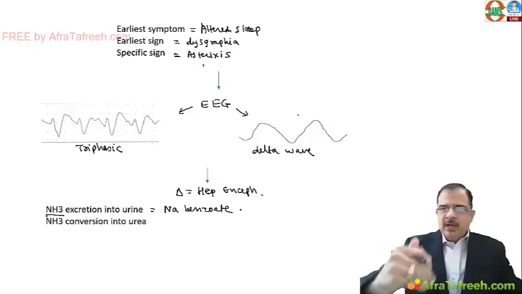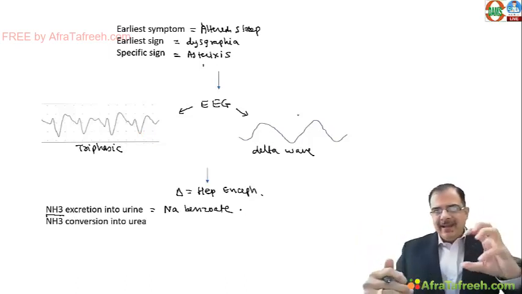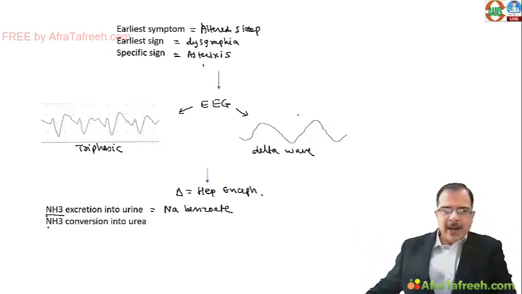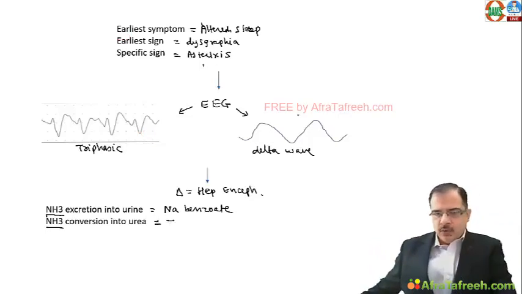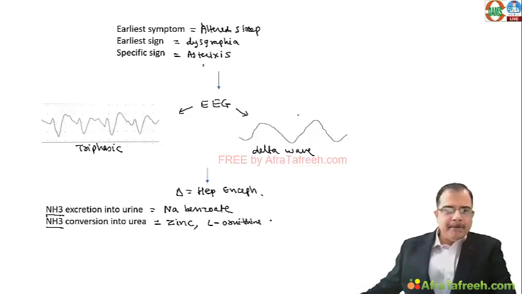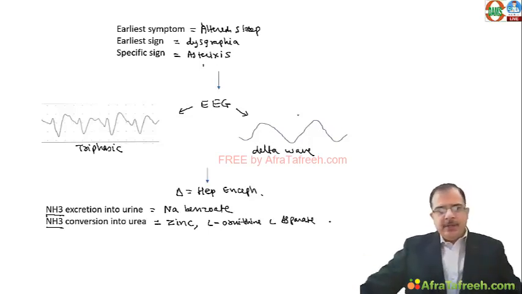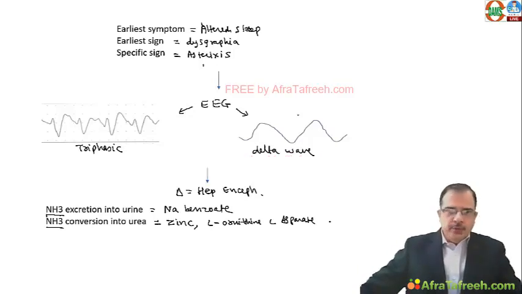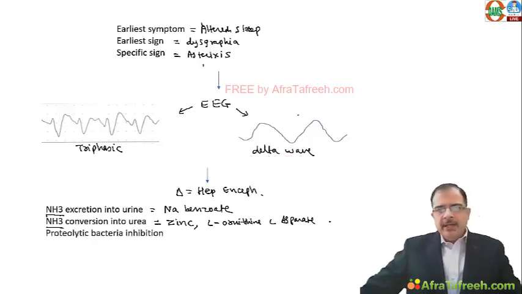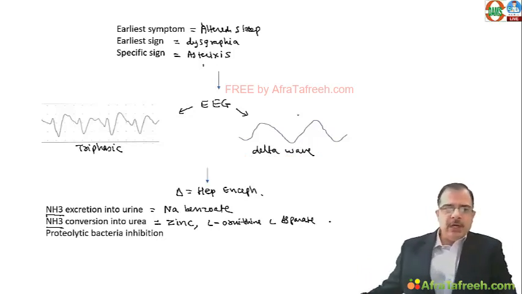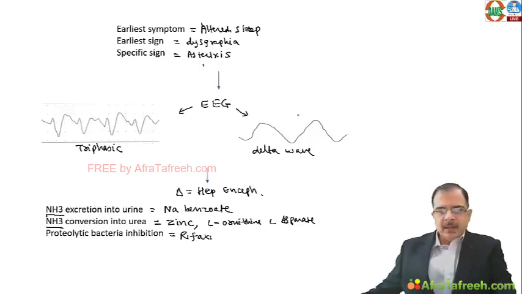Ammonia conversion into urea we can do by stimulating the urea cycle by giving the zinc cofactor as well as L-ornithine, L-aspartate, that is a substrate, aspartate. So ammonia will be converted into the urea. While proteolytic bacterial inhibition we can do by giving antibiotics like rifaximin, or acarbose can be given.